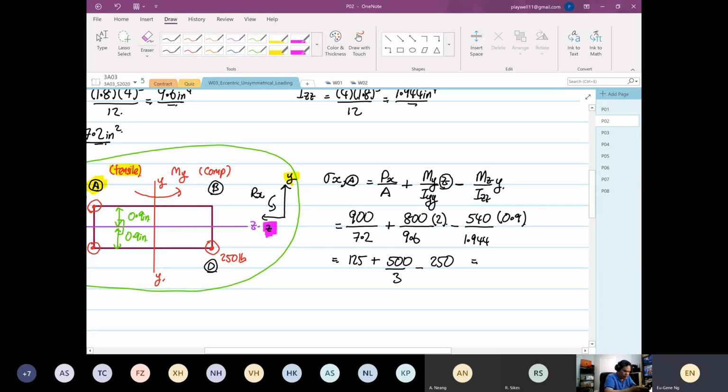So this will be equal to positive 41.667 psi. Okay. So as I said, the critical part is where we tend to make mistakes with this value over here. And also we tend to make mistakes with this value over here. Okay, so that's why it's important for you to draw this transformation out so you can visualize better.